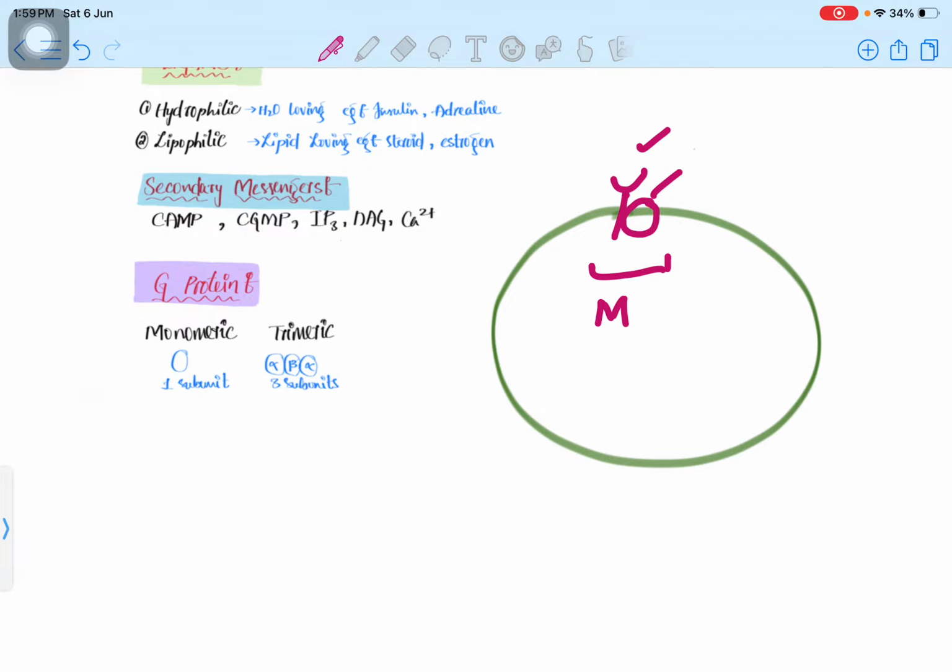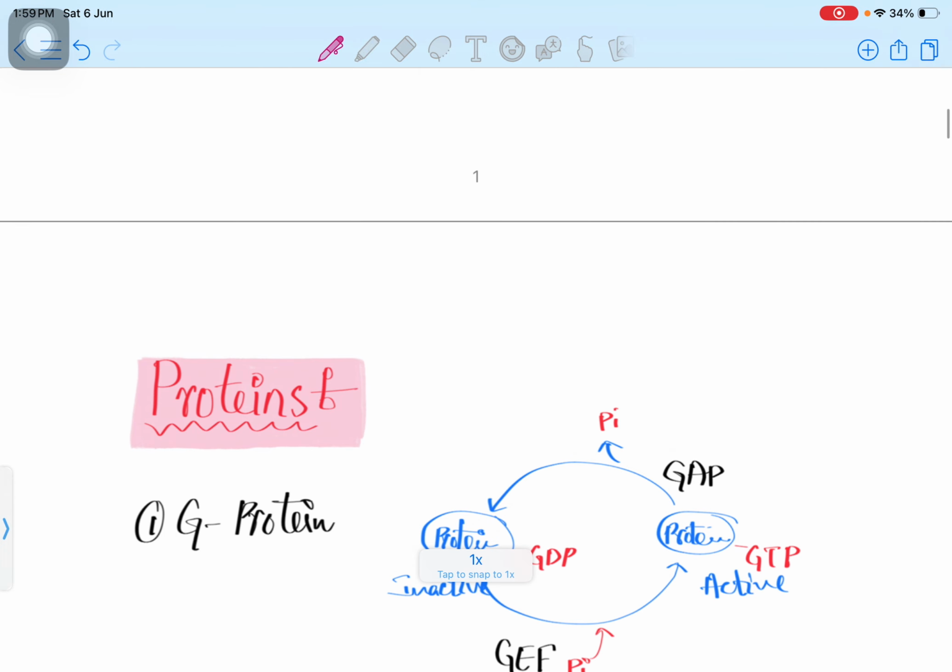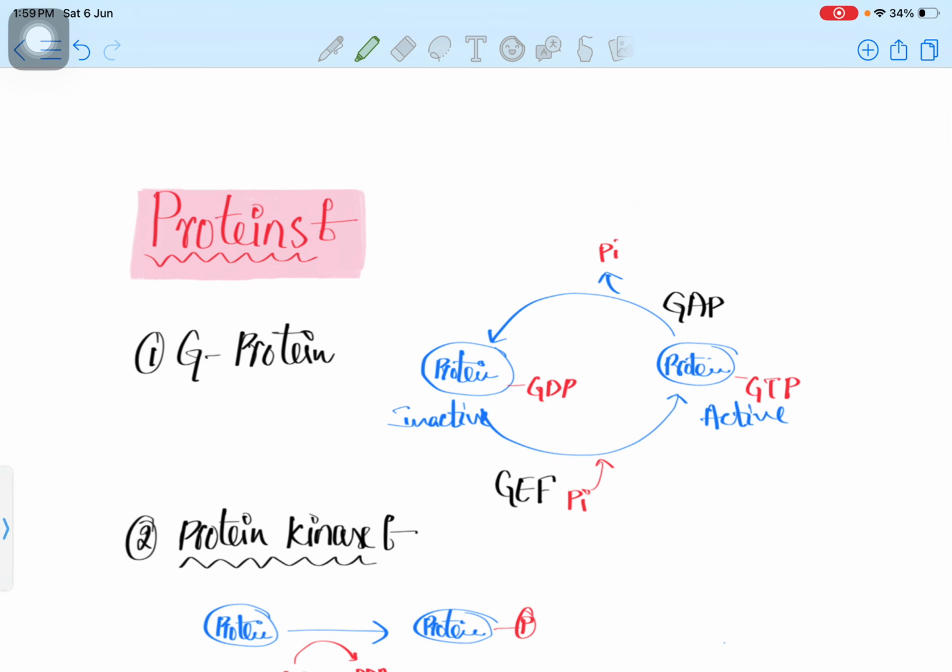But if the receptor has three subunits, three proteins, like alpha, beta and gamma, we call it a trimeric condition. With the receptor we have the protein known as a G protein.